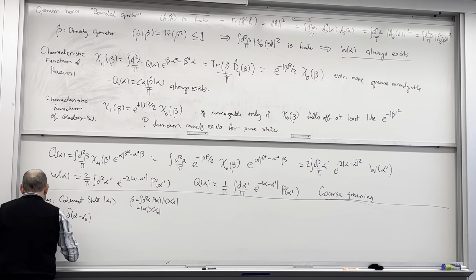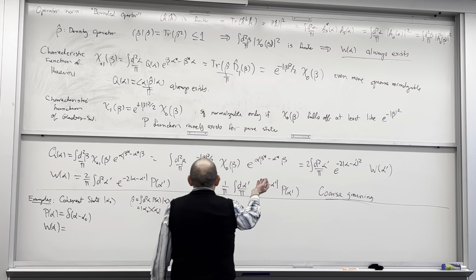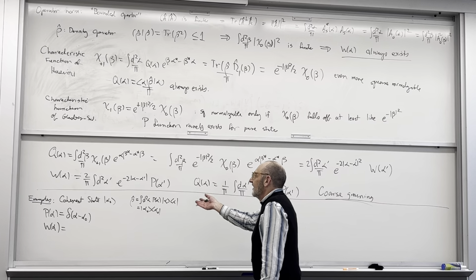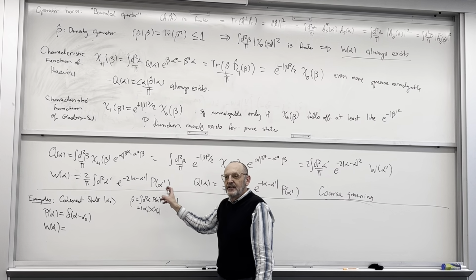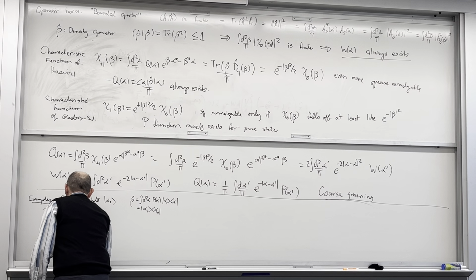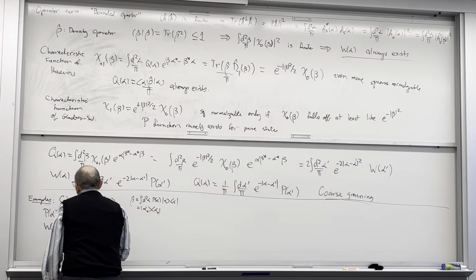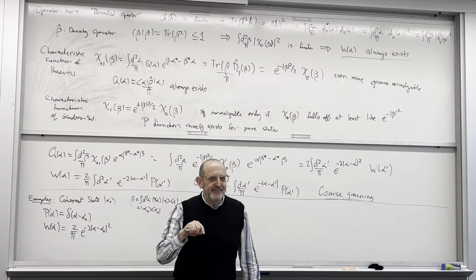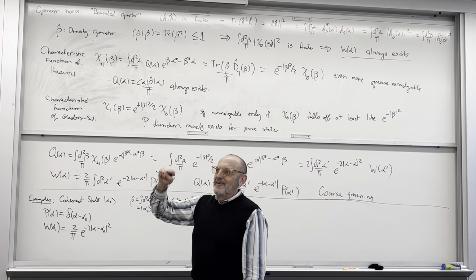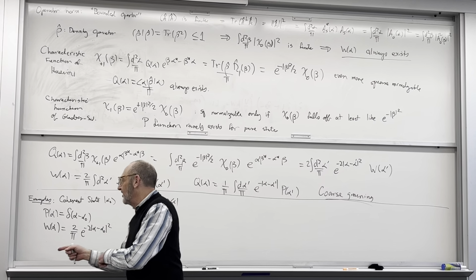What's the Wigner function? Well, I can do the convolution. If I do the convolution over here, then this is equal to 2 over pi, e to the minus 2 alpha minus alpha naught squared, which we got in a previous lecture by finding the characteristic function, which is a Gaussian, and then taking the inverse Fourier transform.